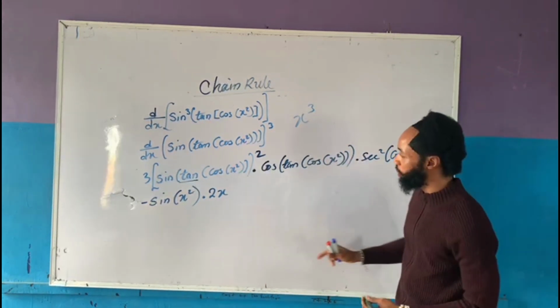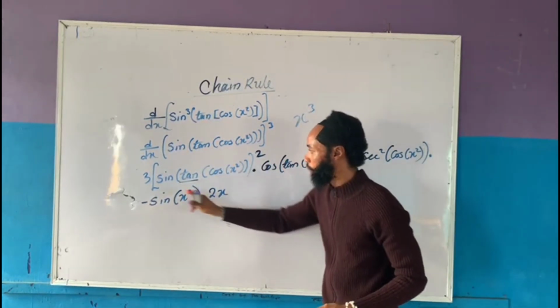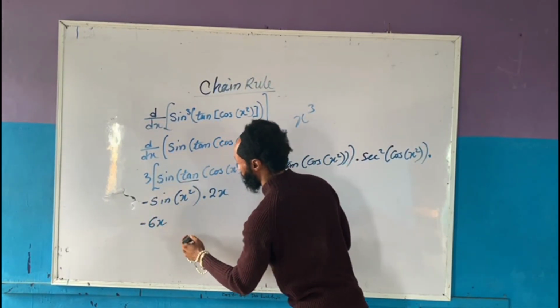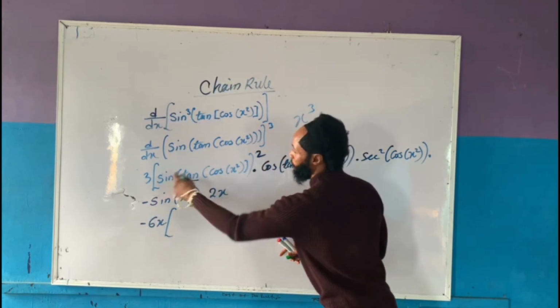So, we can connect the negative 2x and the 3. So, it's going to give us negative 6x into bracket. You can write every other thing now.